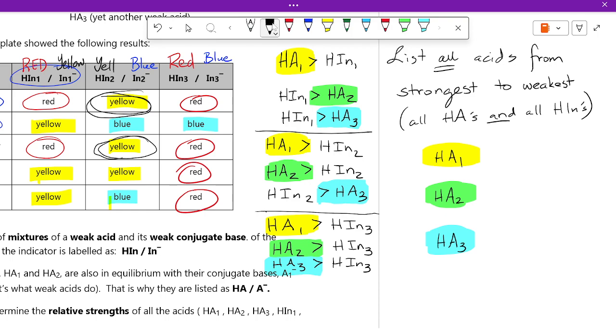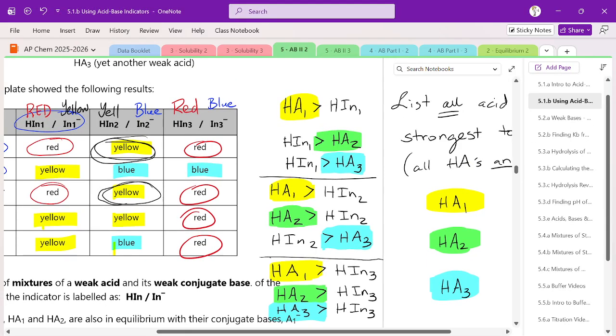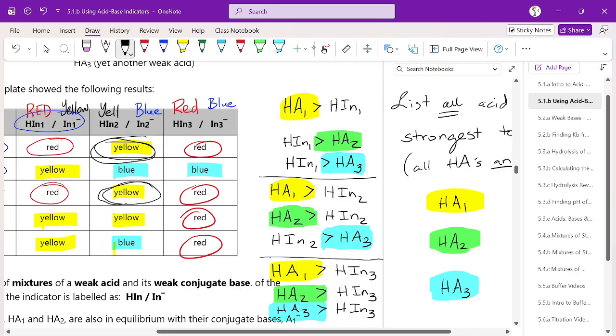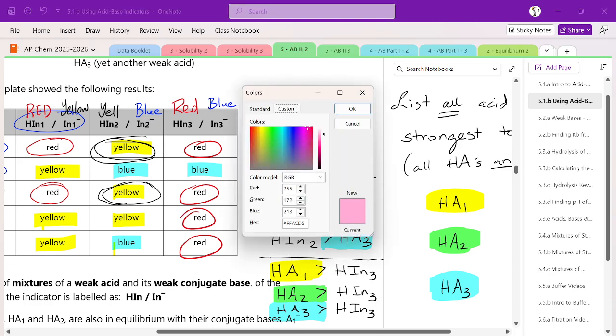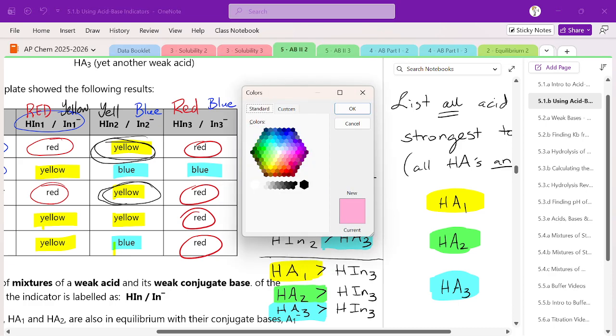Okay. Now we're going to do the same thing, but we're going to do it for our indicators. I need some more colors here. Let's see, what do we want? We want pink, and we want more colors. We want what? Orange. There we go. Okay.